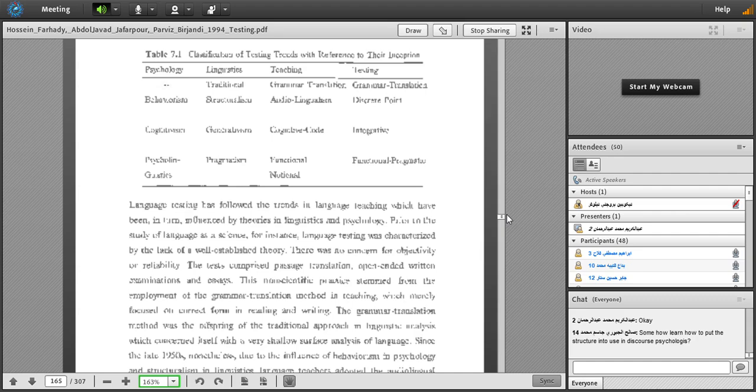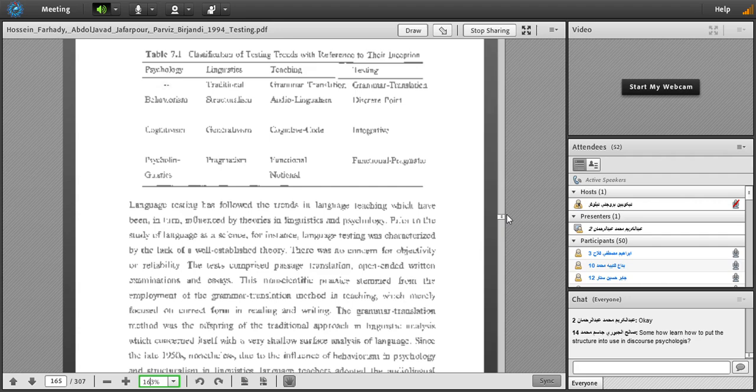Okay, I'm going to complete this. So here, norm references means the scores are interpreted by comparing. As I said before, it depends on comparing students with other students. It depends on achievement, how the student achieves, and just imagine a really big group of students, a large number, and I compare one student with another student.